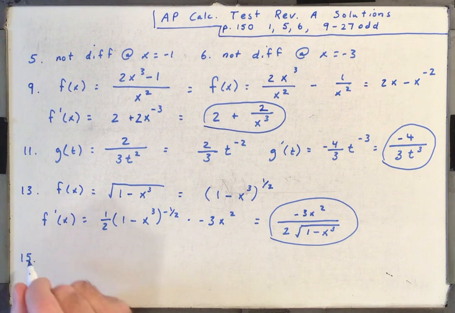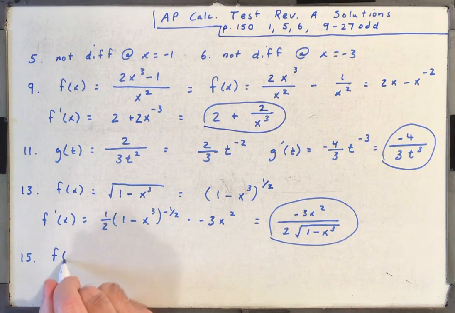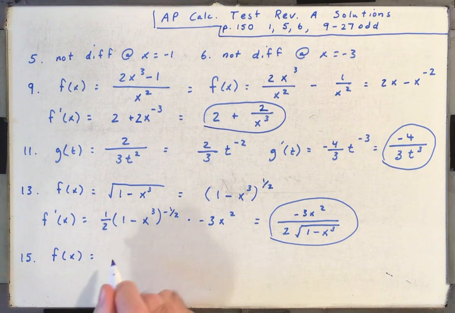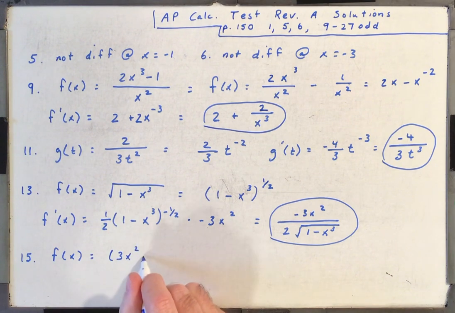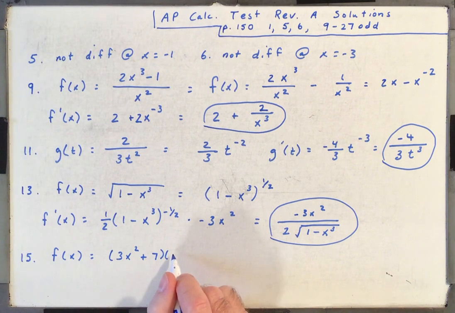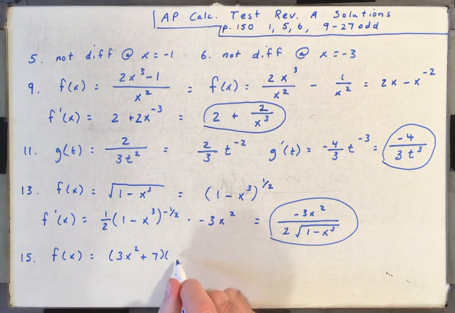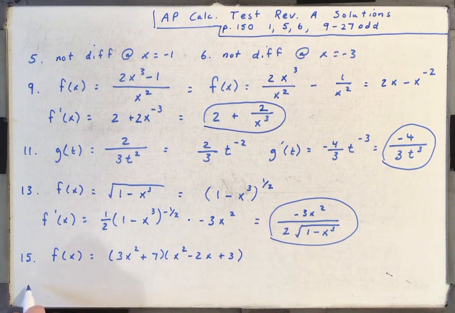So number 15, we've got f of x is equal to 3x squared plus 7 times x squared minus 2x plus 3. All right, this is a perfect occasion to use the product rule.